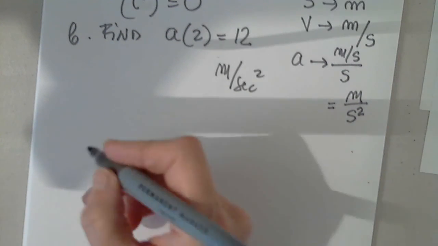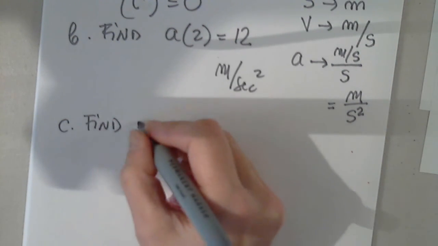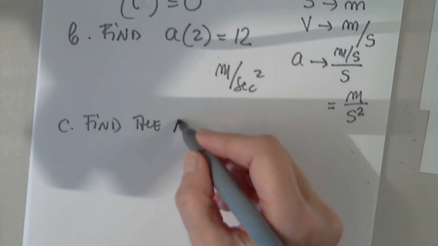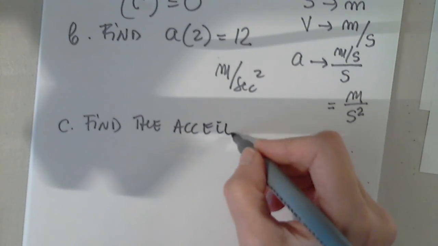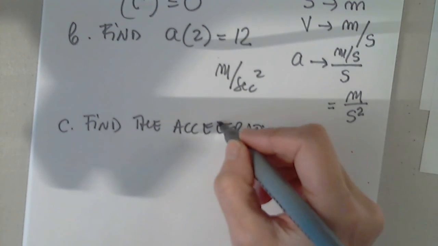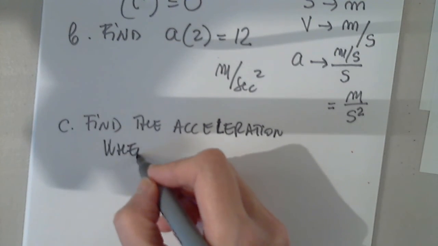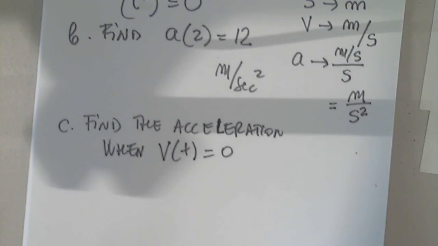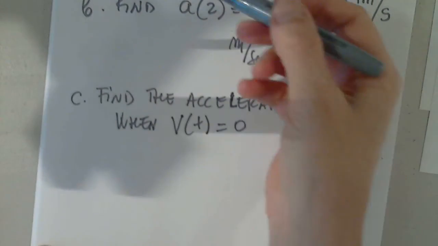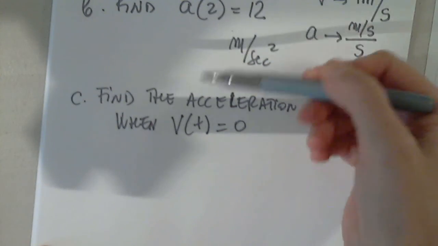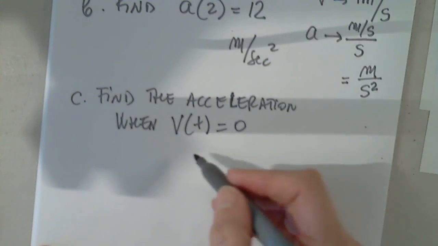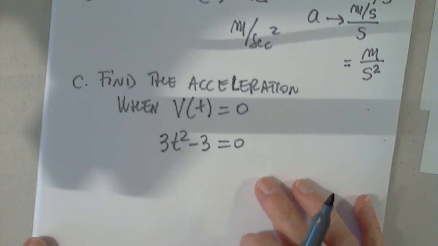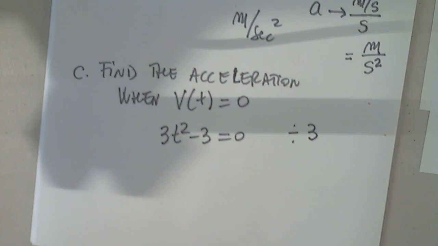We are also asked in part C, find the acceleration when the velocity is 0. Well, I have to find t first. So I find the velocity function and set it equal to 0: 3t squared minus 3 equals 0. Of course, I will divide both sides by 3 to make my life easier.